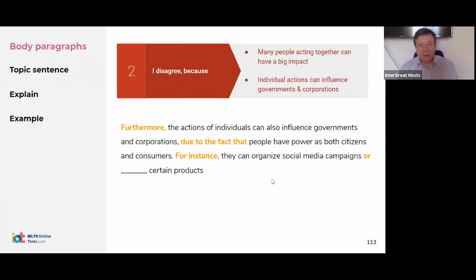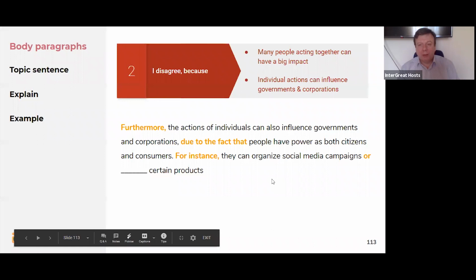And now someone's already mentioned it. So what could we do with certain products?